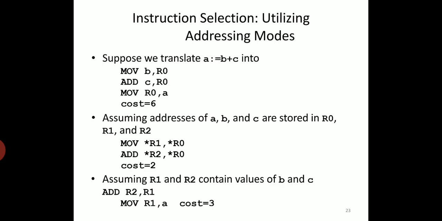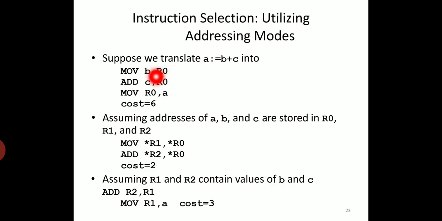Consider the set of instructions for a particular intermediate code statement, A is equal to B plus C. First example. The code corresponding to A equal to B plus C is these three instructions. First one, move B, R0.